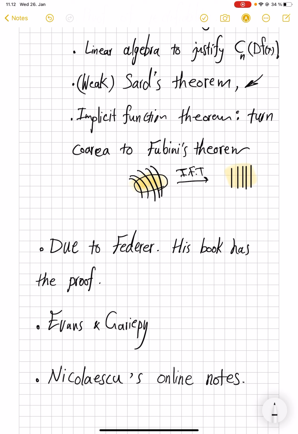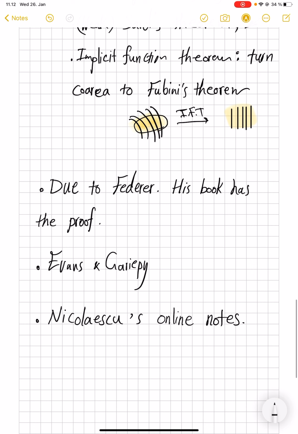The good thing about them is that it starts with the simplest cases of the Coarea formula, for example, for linear maps, and then for C1 maps, and then builds up gradually from there until it reaches the full generality, which is for functions from rectifiable domains into rectifiable targets. And depending on your need for the Coarea formula, you can read as much as you wish from those notes.